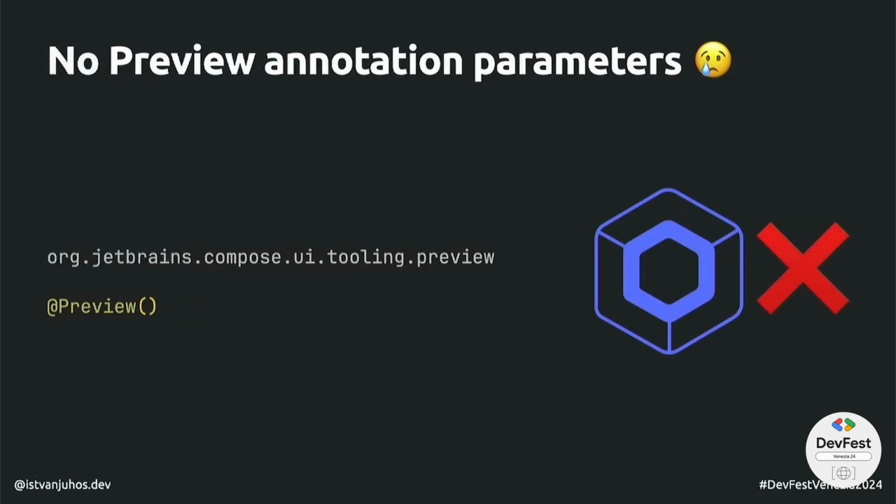But the thing is, there is a copy of this preview annotation in the JetBrains implementation of Compose Multiplatform, which doesn't have any preview annotation parameters, and because of that, the tooling doesn't support them either. So unfortunately, if you're writing shared Compose Multiplatform code, then we don't have this luxury of being able to set these parameters on the preview annotation. It's unfortunate. The JetBrains people are actually working on this.